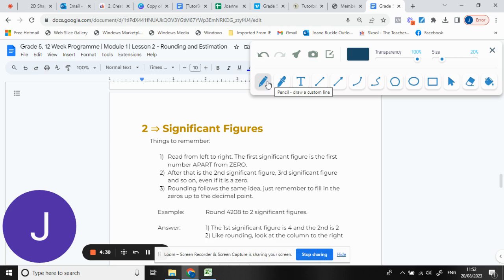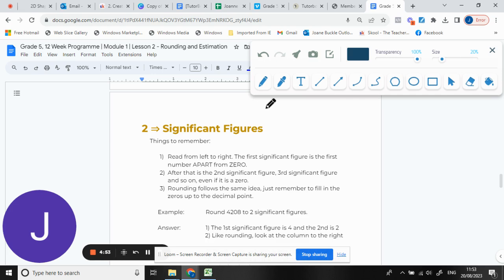Okay, let's get started with the second section then, rounding to significant figures. The hardest part that students struggle with, if they struggle with this at school, is knowing what a significant figure is. Now, for significant figures, you're reading from the left to the right, so starting as if you're reading a book, the number on the left, and the first non-zero number is the first significant figure.